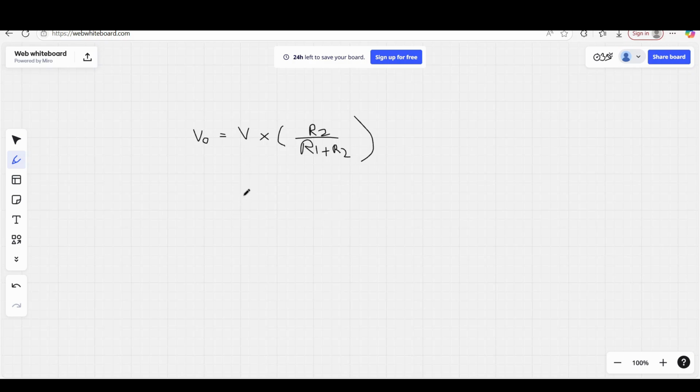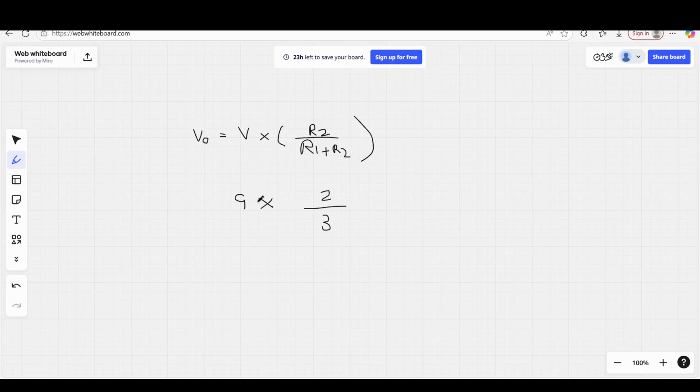V, which is the source voltage, which is 9 volts, multiplied by, we are checking across R2, that is the lower one. So, lower one is 2, is it 2 ohms? Yes. And R1 plus R2 is 1 plus 2, that is 3 ohms.